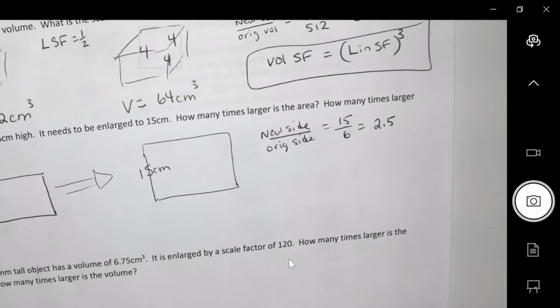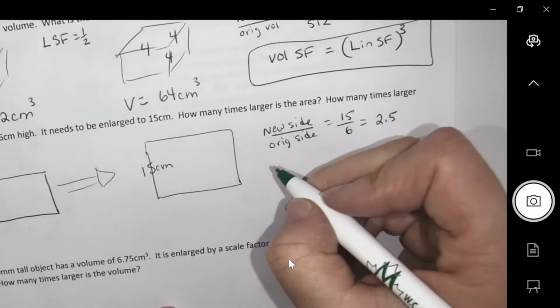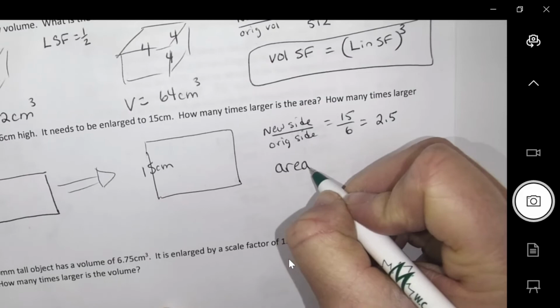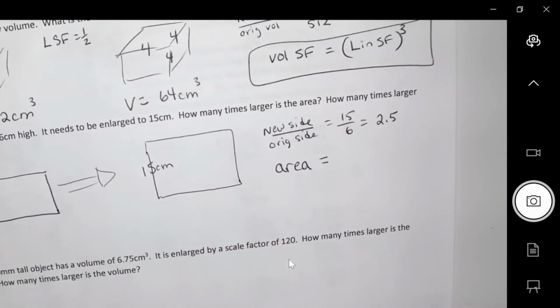Okay, remember making sure your scale factor is showing you is it enlarging or reducing. Make sure you're understanding that that number needs to be either bigger than 1 or smaller. Okay, how many more times bigger is the area? So what am I going to do to understand the differences in the area?